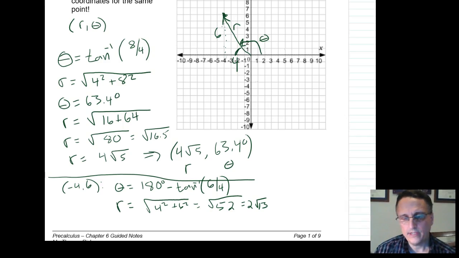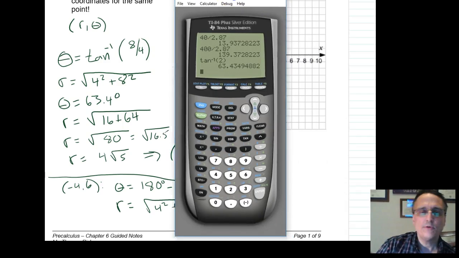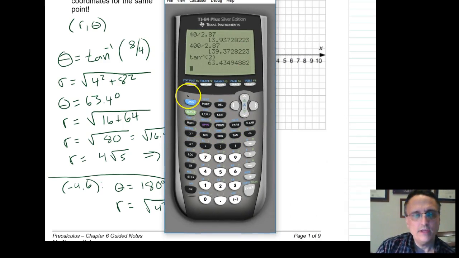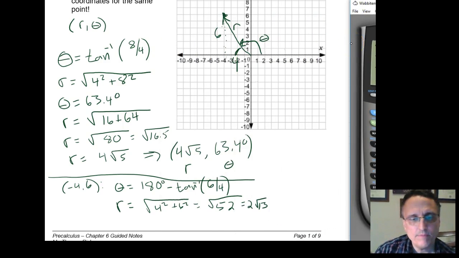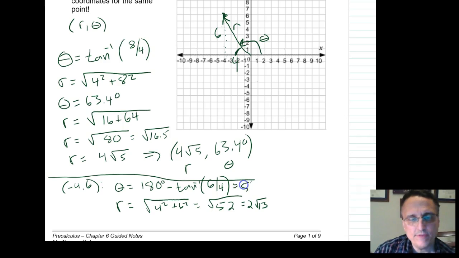I do need to take the inverse tangent of 6/4, so there's my calculator. Second function, tangent, 6 divided by 4 is 56.3 degrees. So that's 56.3 degrees, except I have to subtract that from 180.